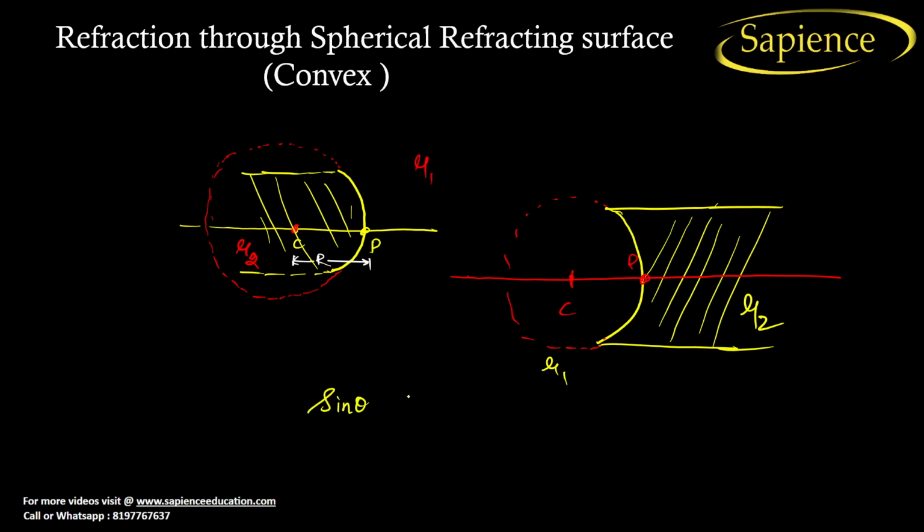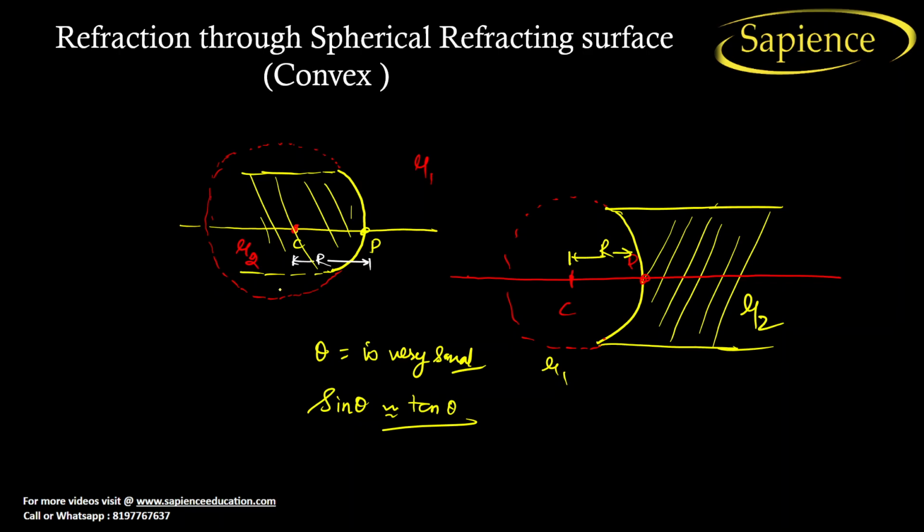In this derivation we will consider that theta is very small, so sin theta can be approximately taken as theta. We will do some derivation and find the relation between refractive index and the radius of curvature.